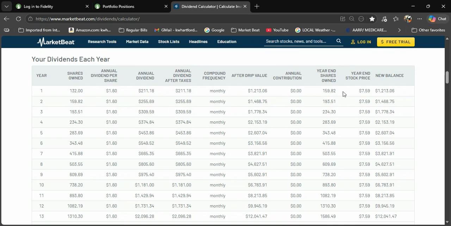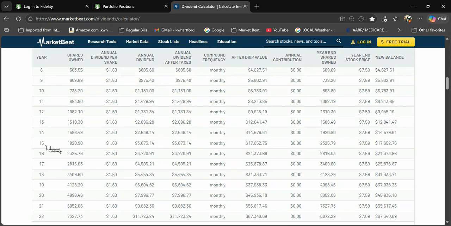And from 132, you're up to, I just might as well call it 160. Let's go to 5 years. Your $1,000 is now $2,600, and instead of 132, you got 283 shares. In 10 years, you've got 738 shares, and your value is up to $6,700.